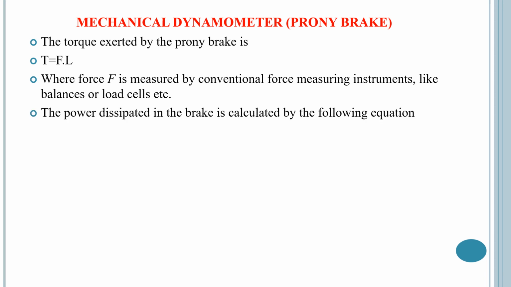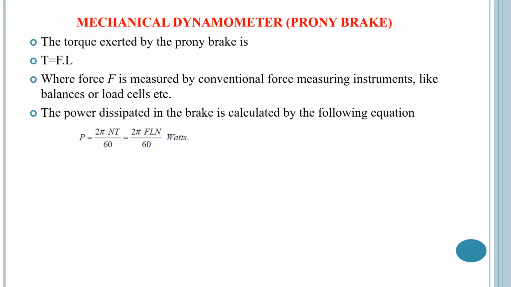We can find out the power dissipated in the brake by the following equation. You know the formula for calculation of power, that is P equals 2 pi N T by 60. We have already found the value of T, that is F into L, so P equals 2 pi F L N by 60, where F into L is nothing but torque.